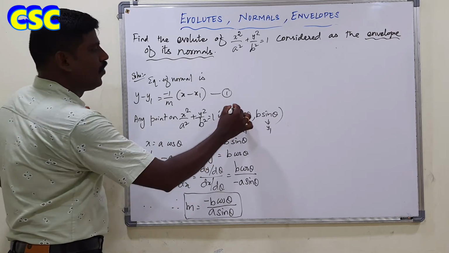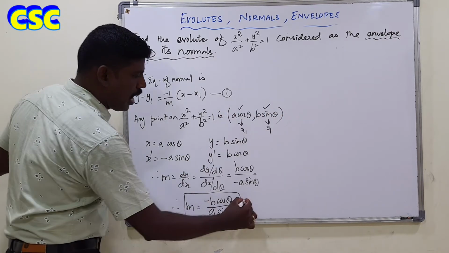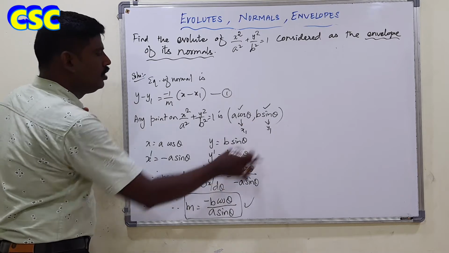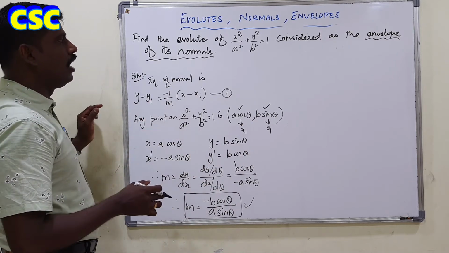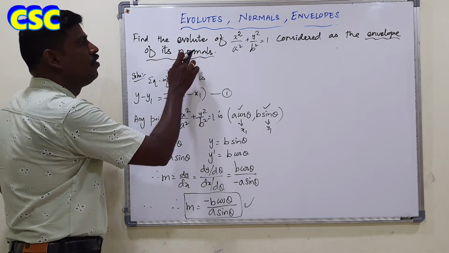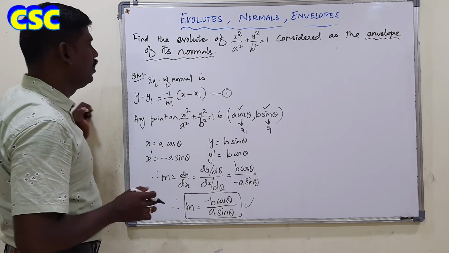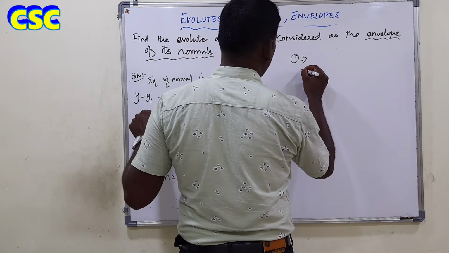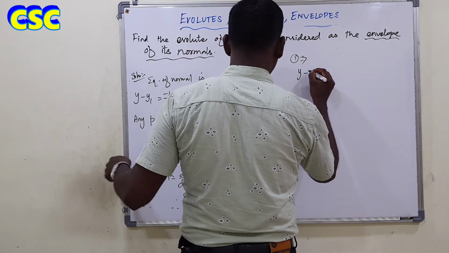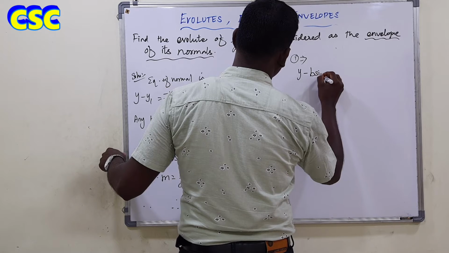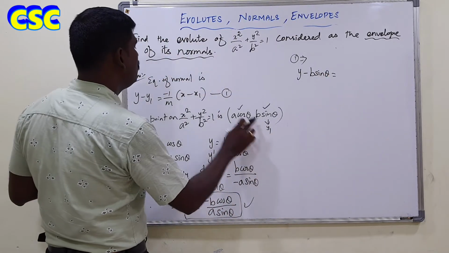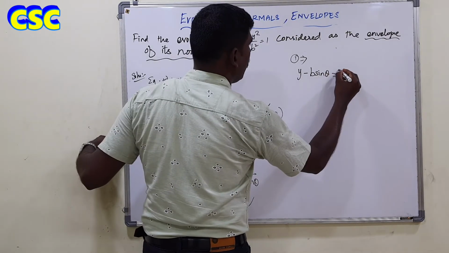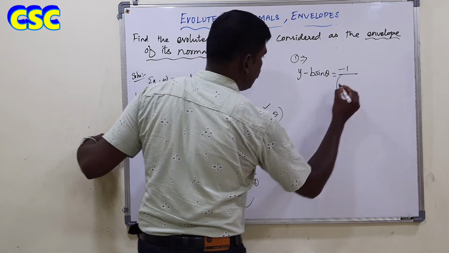Right. So now I have found the values of x1, y1 and m. I am going to substitute all these three values in 1. I will get the equation of family of normals. Okay. Right. So in place of 1, what? Y minus y1, y1 is b sin theta, equal to minus 1 by m. What is m?